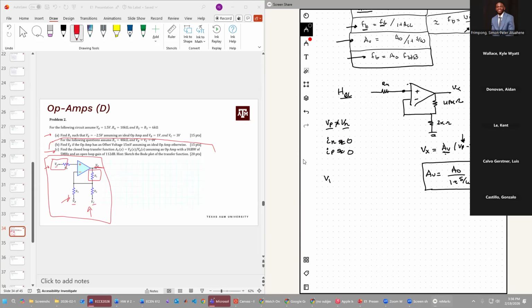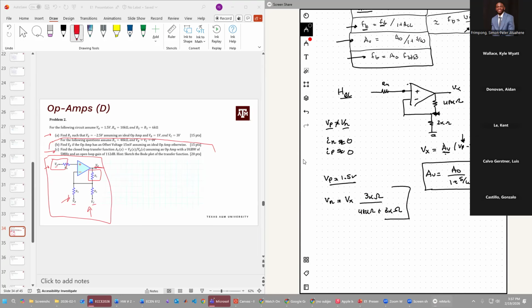So Vp is just going to be 1.5 volts, but Vn is now going to be equal to this voltage divider circuit here. So it's going to be a product of Vx. It's going to be Vx times 3 kilo ohms over 48 kilo ohms plus 3 kilo ohms.